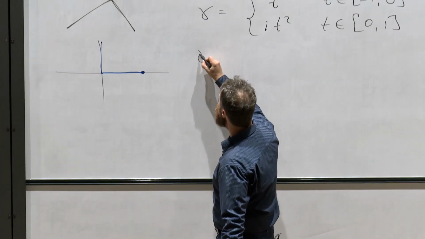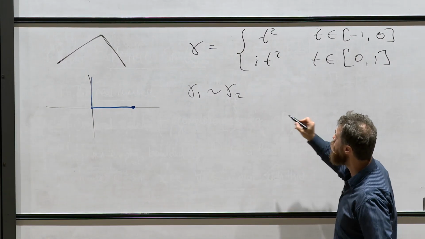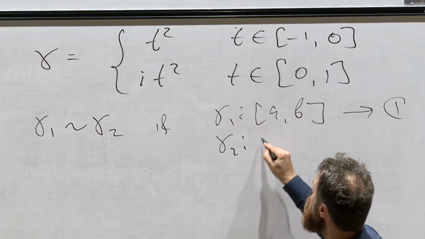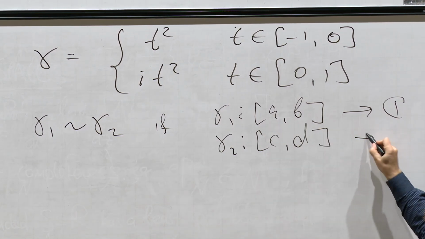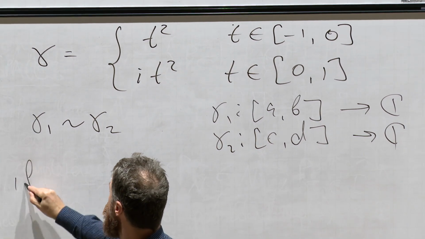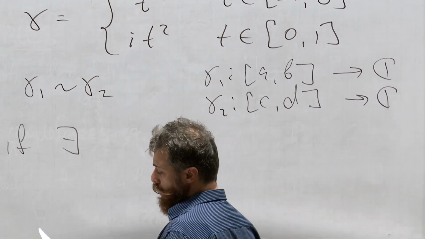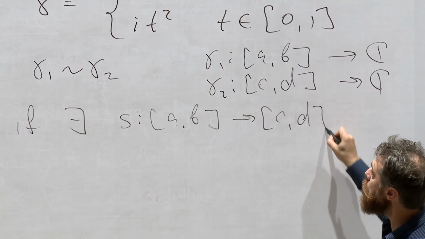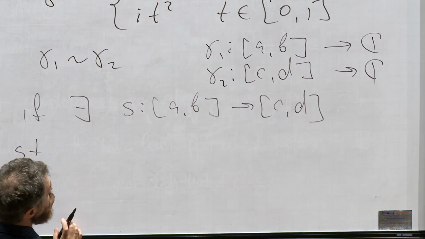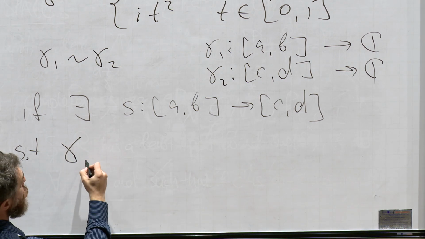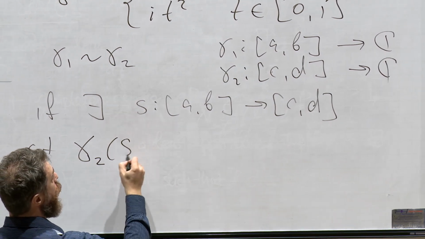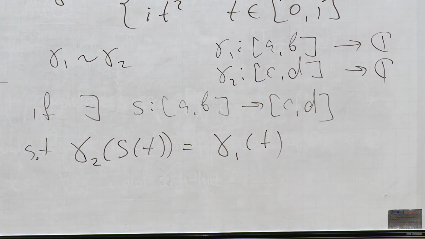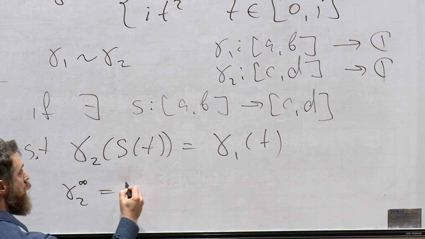So we say that gamma 1 is equivalent to gamma 2 if, so gamma 1 is, say, from [a,b] to C, and gamma 2 is from some other interval [c,d] to C, if there is some change of variable that we call s from [a,b] to [c,d] such that gamma 2 of s of t is equal to gamma 1 of t. And in particular, in this case, gamma 2 star is the same as gamma 1 star.